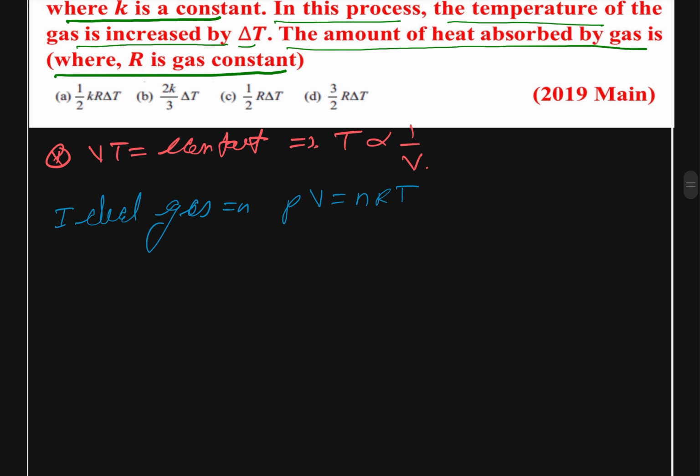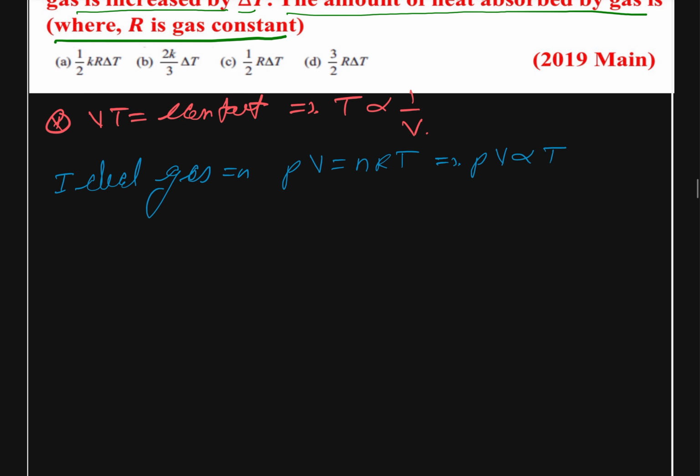Therefore from here we can say that PV is proportional to temperature T. So in place of temperature T we can substitute 1 upon V. So we get PV is proportional to 1 upon V, or we can say that PV square is equal to constant.